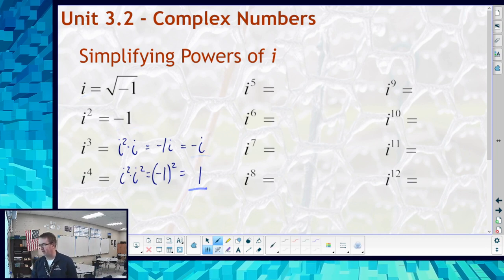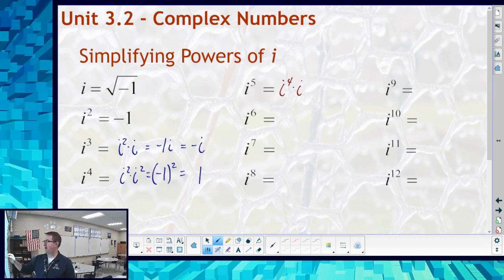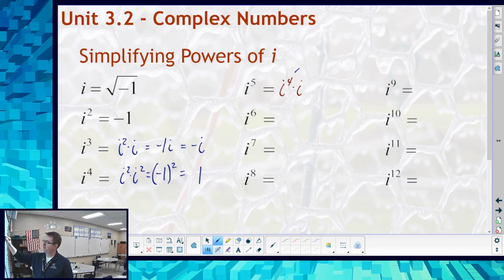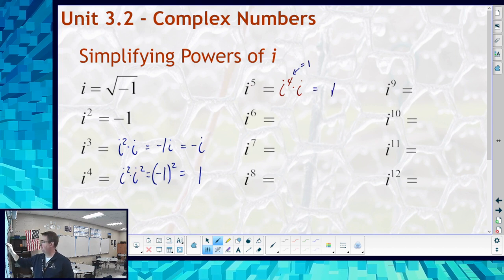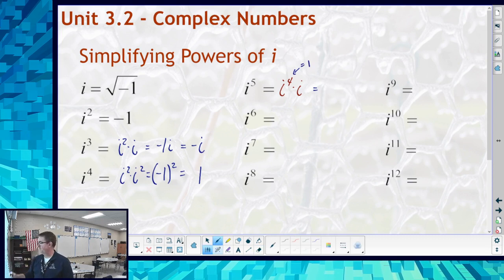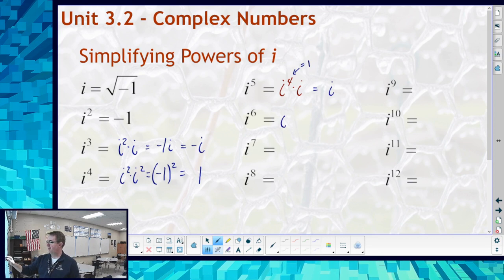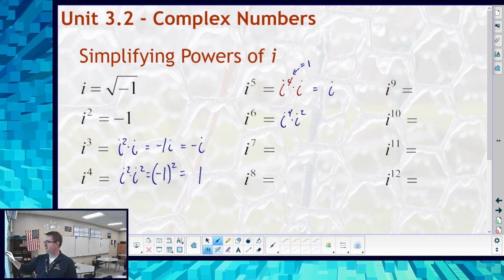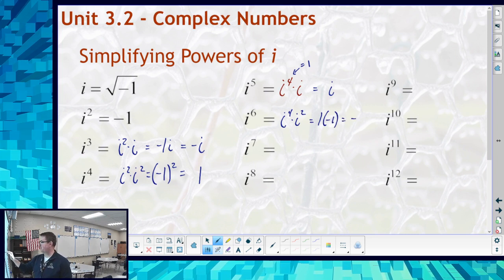So when I get over here to i to the fifth, oh, look, that's i to the fourth times i. This equals 1, so that means this is just going to equal i. Nice save there, huh? I to the sixth, you can have i to the fourth times i squared. That's just going to be 1 times negative 1, so my answer is going to be negative 1.